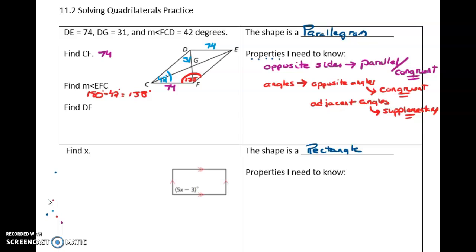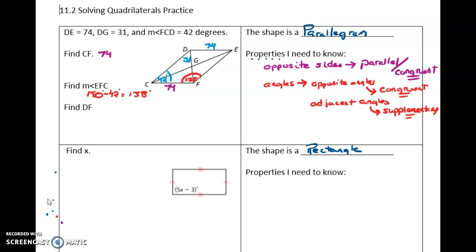As you look at the family tree of quadrilaterals, from parallelograms up to rhombi, to rectangles, to squares, in each case the diagonals are going to have a different property.